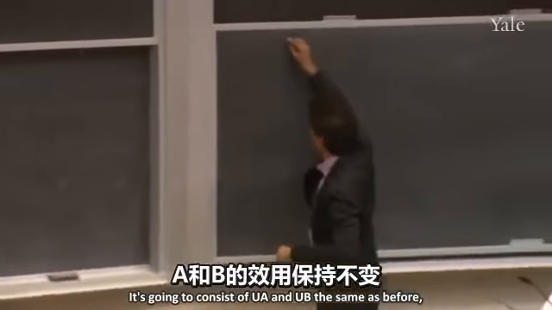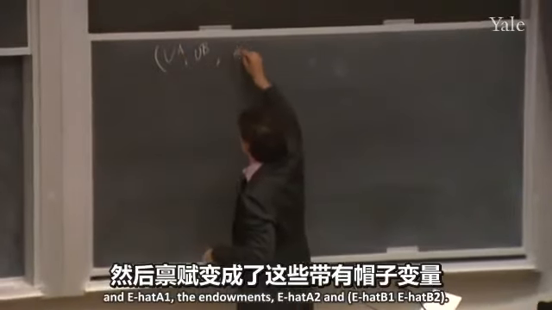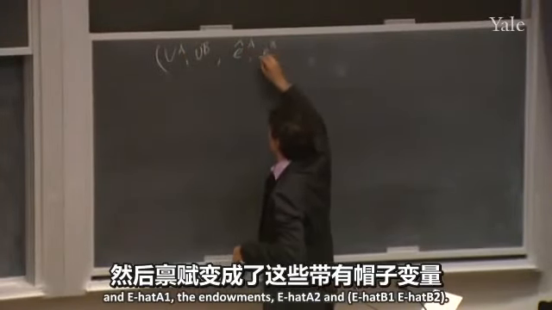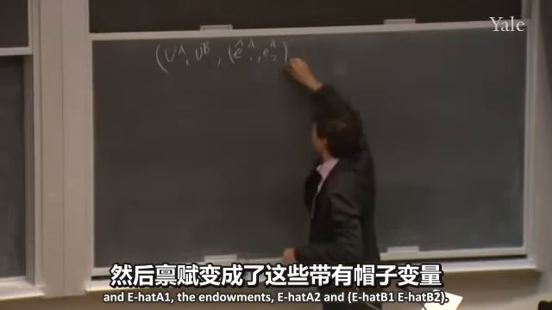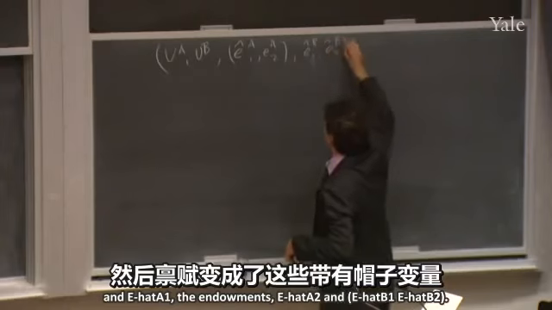It's going to consist of UA and UB, the same as before, and E hat A1, the endowments, E hat A2, and E hat B1, E hat B2.